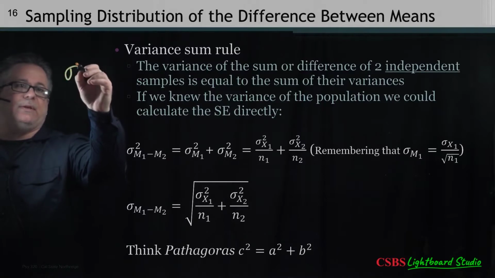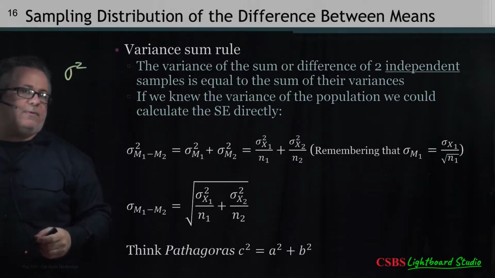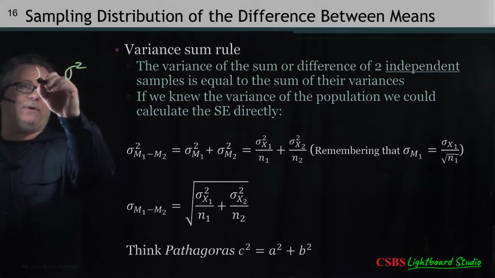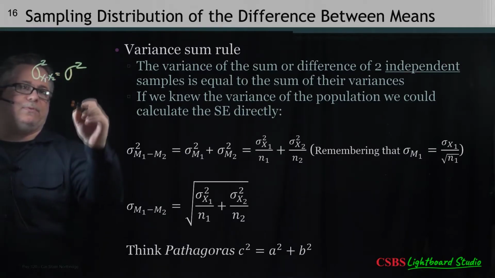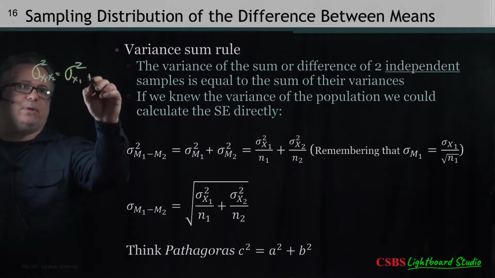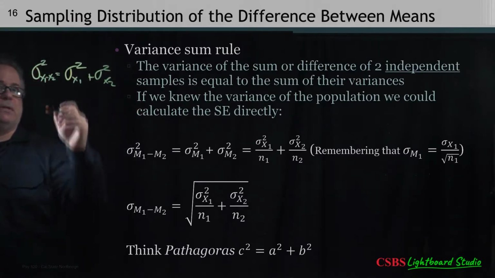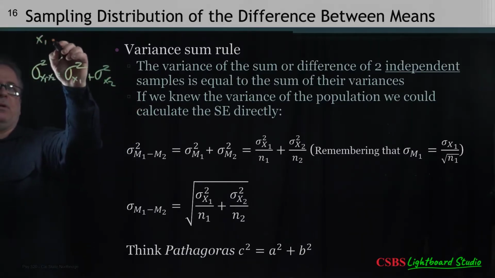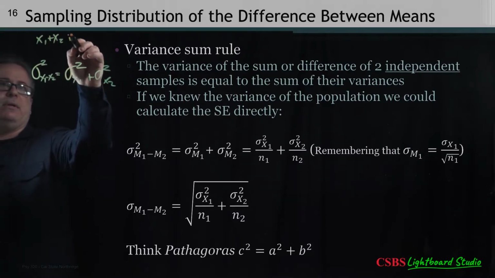So if I want the variance of x1 minus x2, it's going to equal the variance of x1 plus the variance of x2, assuming that x1 and x2 are independent.